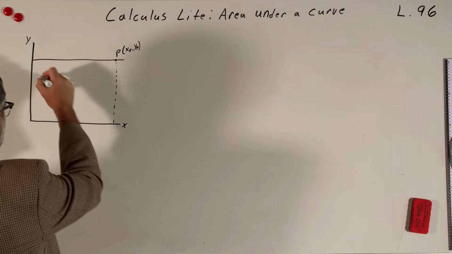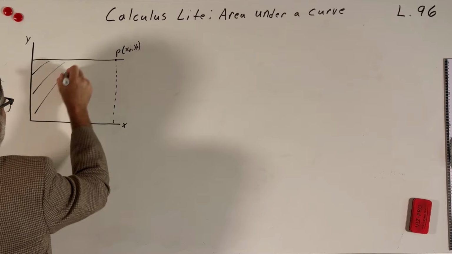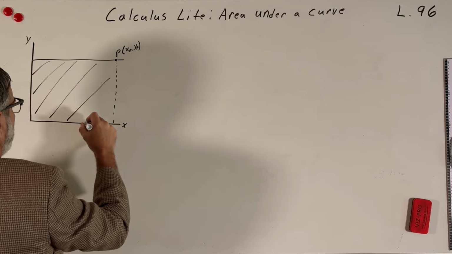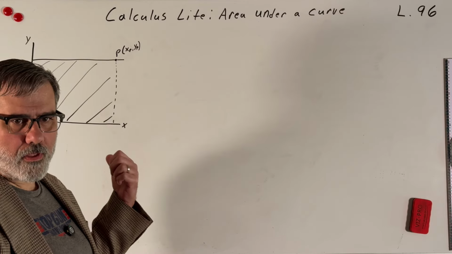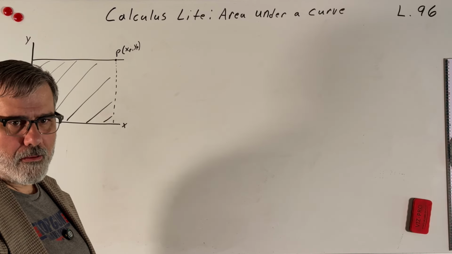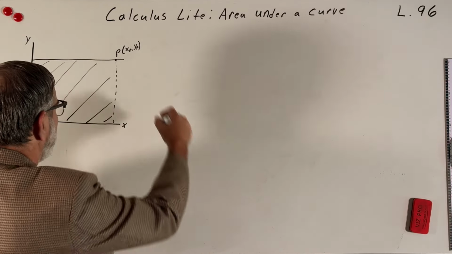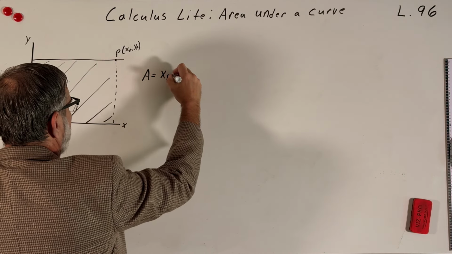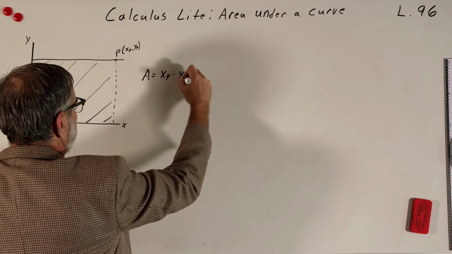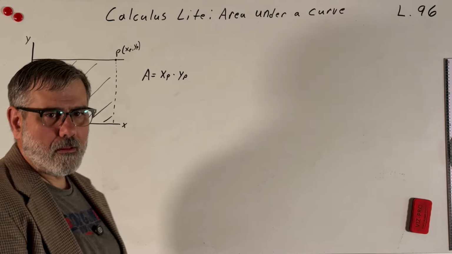Well, that's fairly straightforward, right? So here's the area that we're talking about. Makes sense, right? Who knows how to figure out what that area is? Anybody? Yeah. The area in this case is just x sub p times y sub p. Right? It's fairly straightforward.